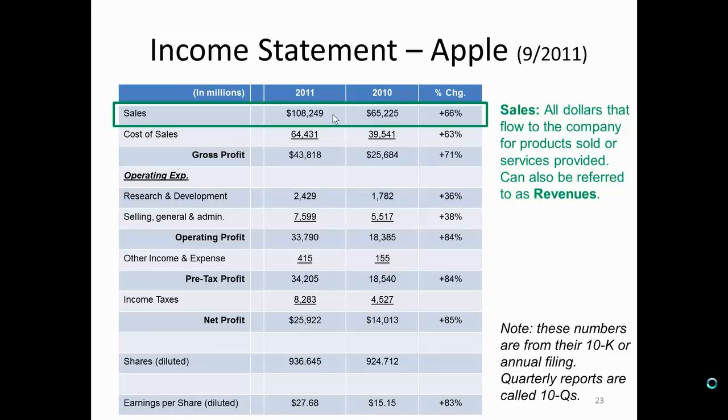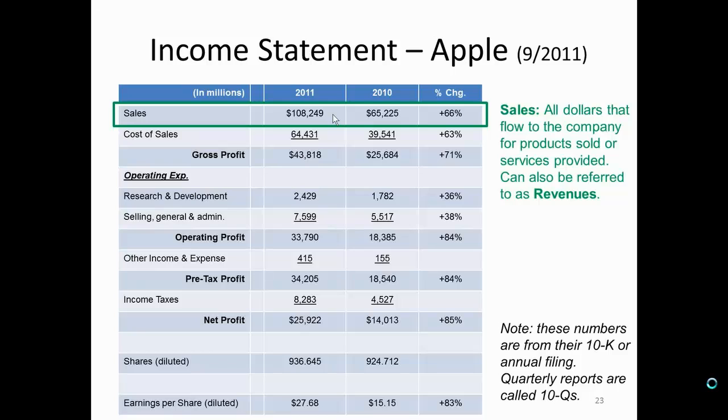Now, you can see that we had a 66% growth from 2010 to 2011, and you might like to know where the growth came from. And the growth, as you'd expect, because they're the two big product lines, came from iPhones and iPads.